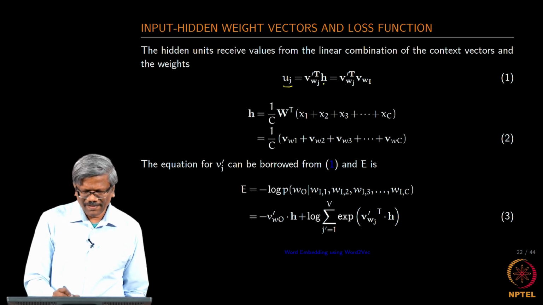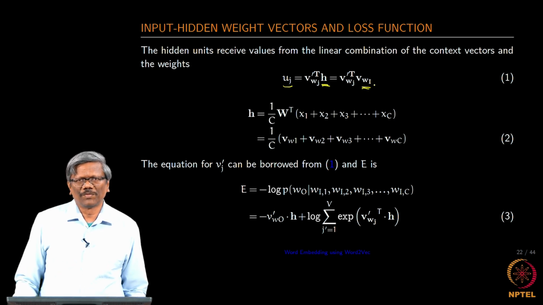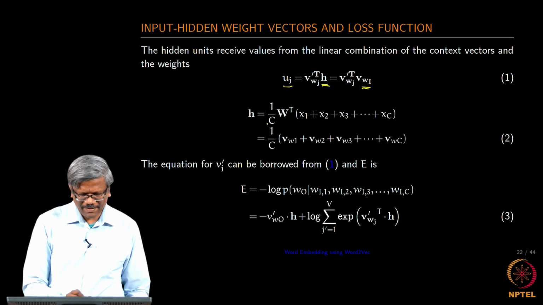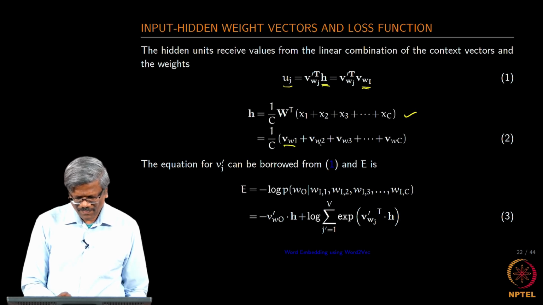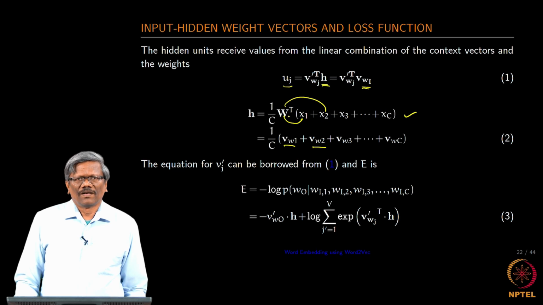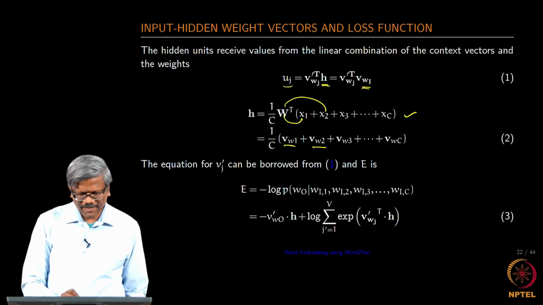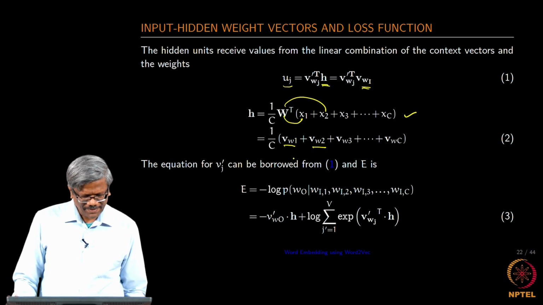And then the hidden layer value is nothing but the set of input context words. So, H is calculated using this formula, okay, and then it is given as this. If you do this dot product, you get the rows of each of the embedding matrix.